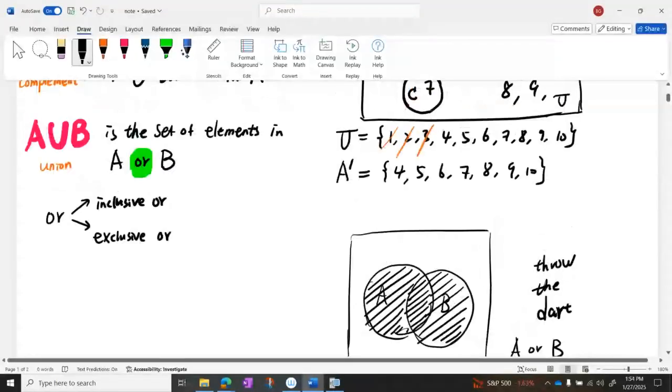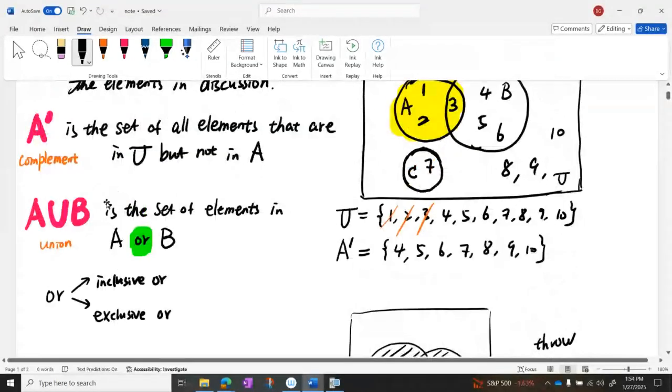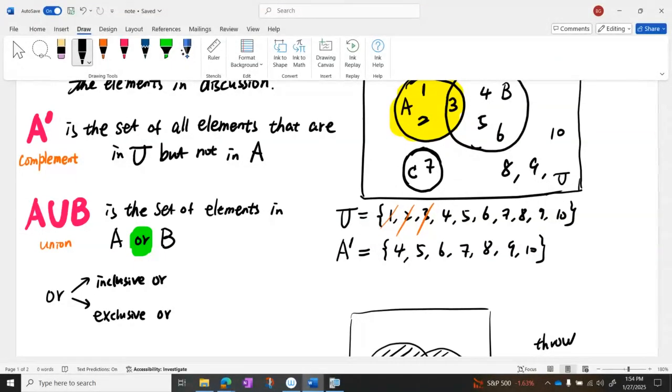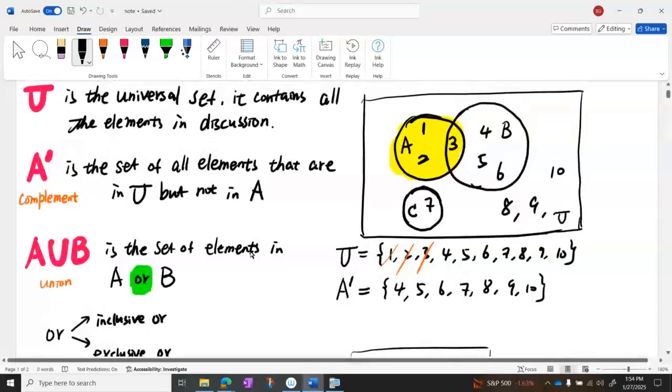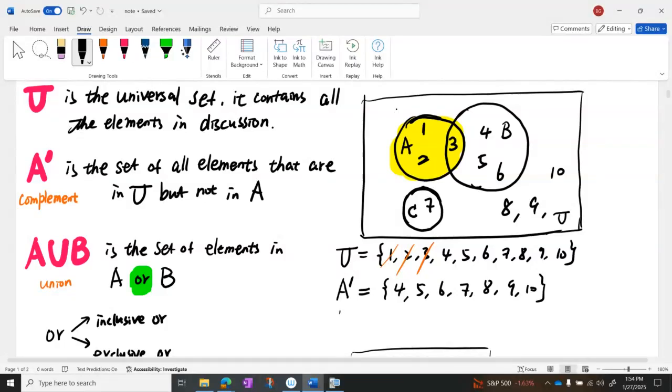So now we go back to understanding the notation A union B. A union B, the notation represents a set. The elements in a set are all the elements in A or B. So let's see, how do we find A union B? Look at the Venn diagram.